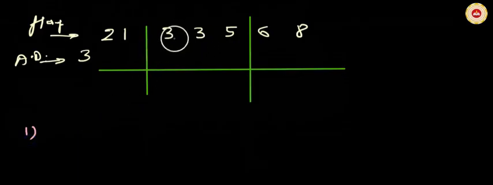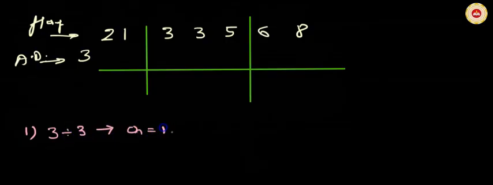Consider the first digit from the left side in the dividend, which is 3. Divide this 3 by actual divisor 3. So 3 divided by actual divisor 3 gives us quotient 1 and remainder 0.